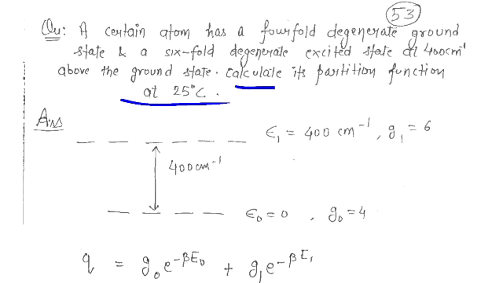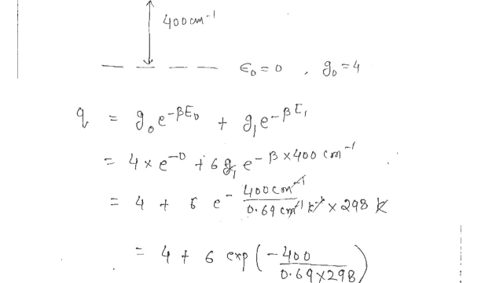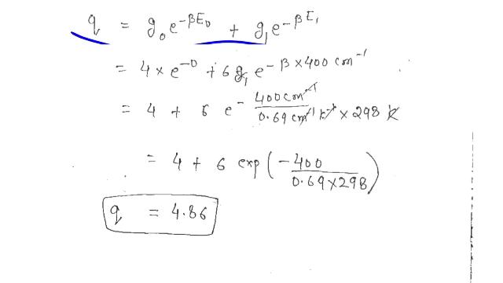So we know the generalized formula for the partition function, Q equals this for the two-state system. Now putting in the values of Z0, Z1, E0 and E1, and doing some simple mathematics, we reach our solution, that is Q equals 4.86. So this is actually what is being asked in the question.